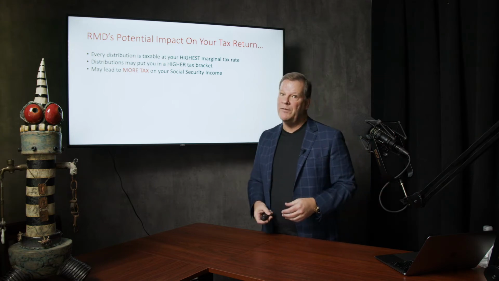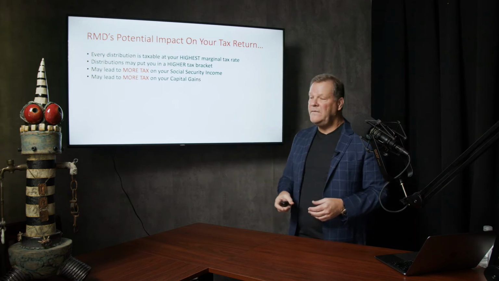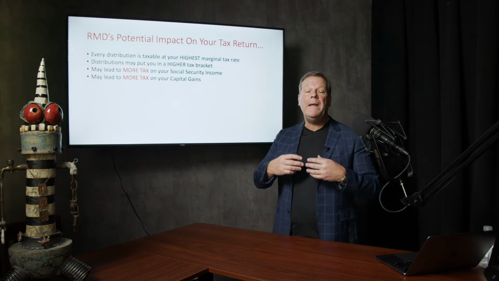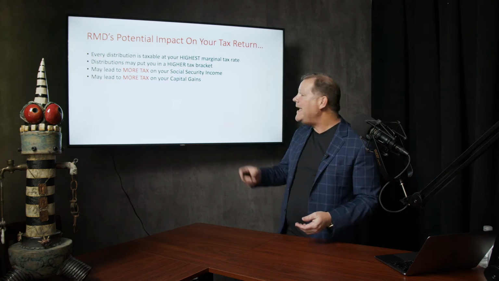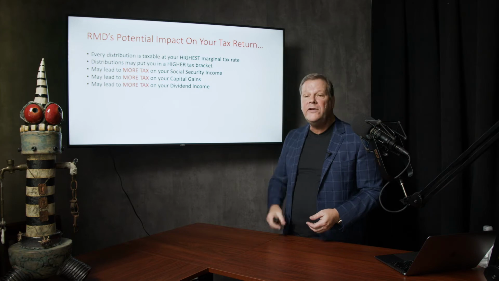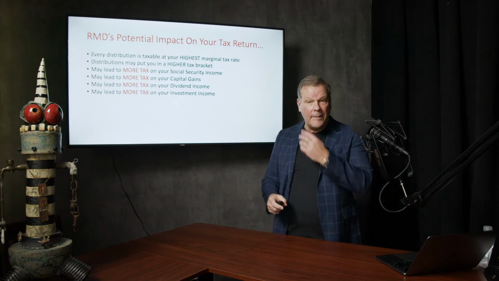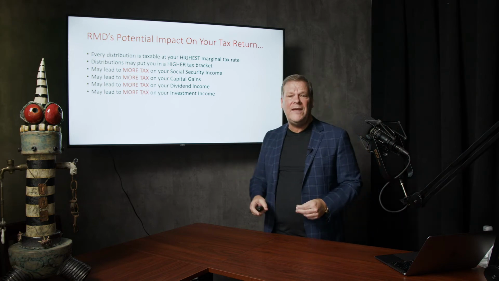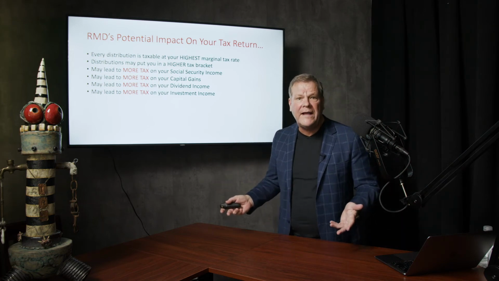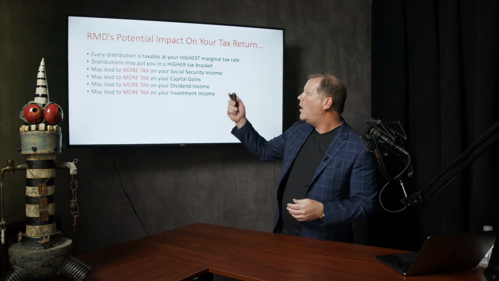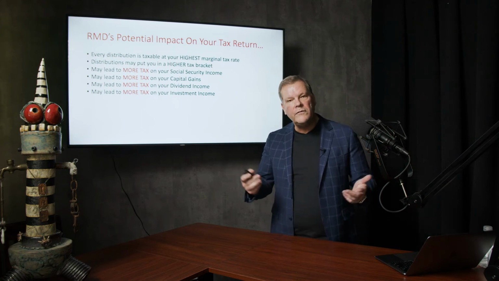You're going to see an example of that in a little bit. Next, it may force you to pay more tax on capital gains, more tax on your dividend income, and more tax on investment income. It's like, all those 1099s you get from your investment accounts, suddenly you're paying more tax on that stuff. Why? All because of a distribution from your retirement plan.